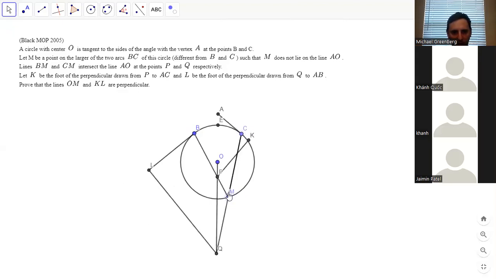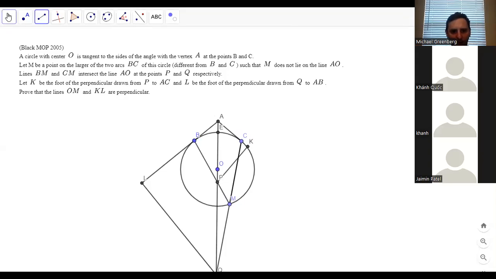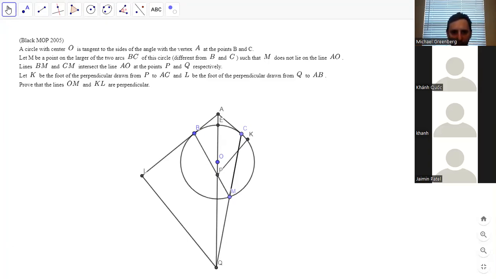Does that work? Let's see. BM meets it at P and CM meets it at Q. K is the perpendicular from P to AC, and L is the perpendicular from Q to AB.